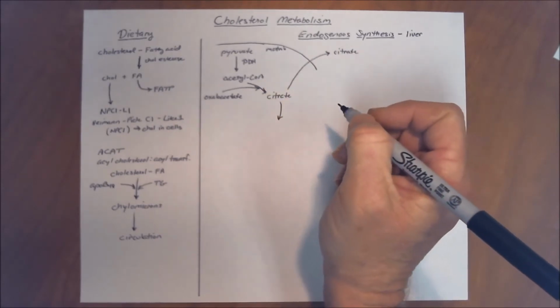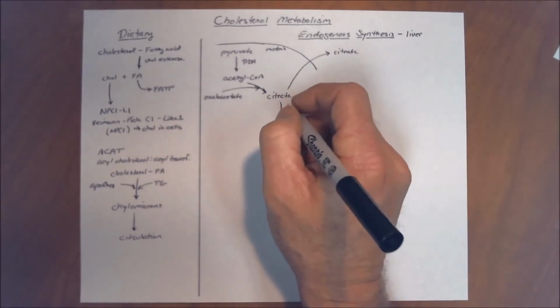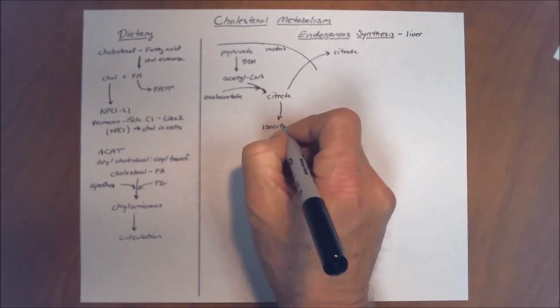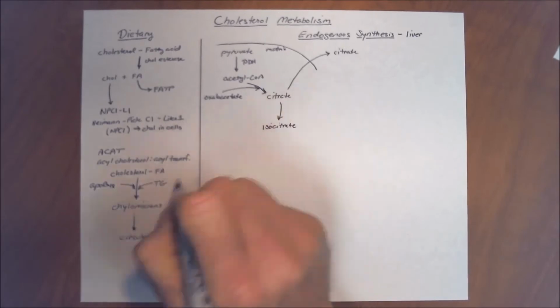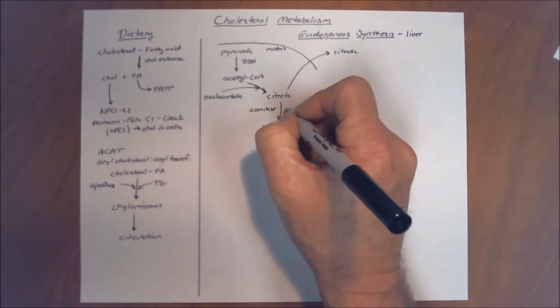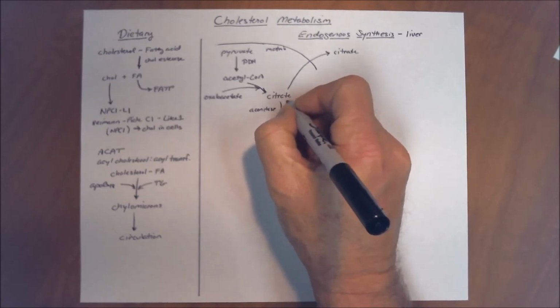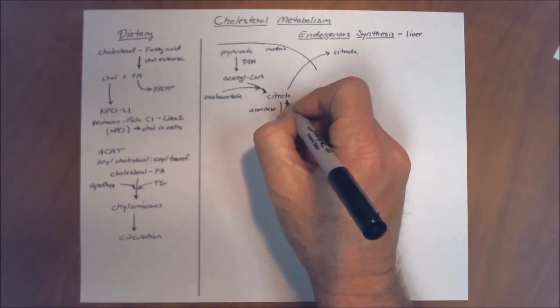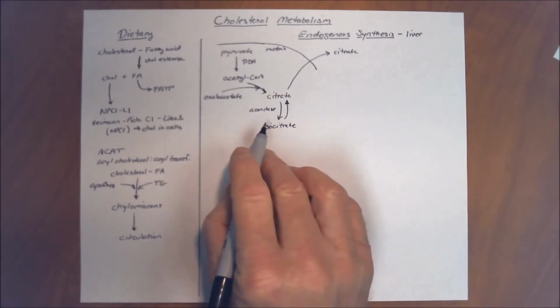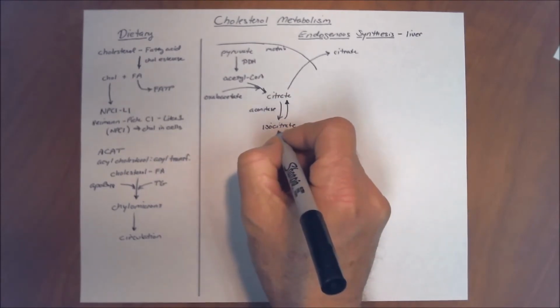Why is citrate transported out of the mitochondria? Well, recall our next step is converting citrate to isocitrate by the enzyme aconitase. And recall, because this is simply movement of a functional group, a hydroxyl group, this is readily reversible.